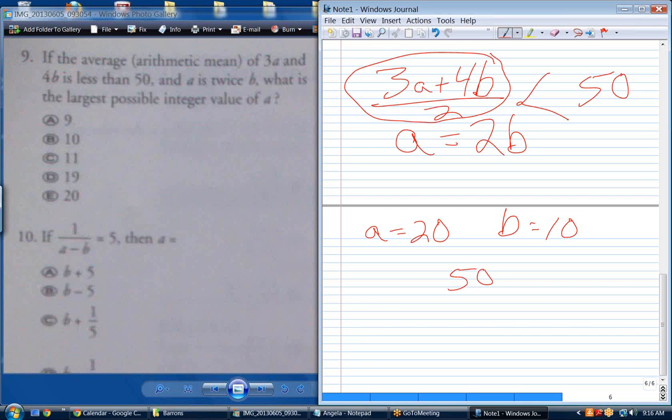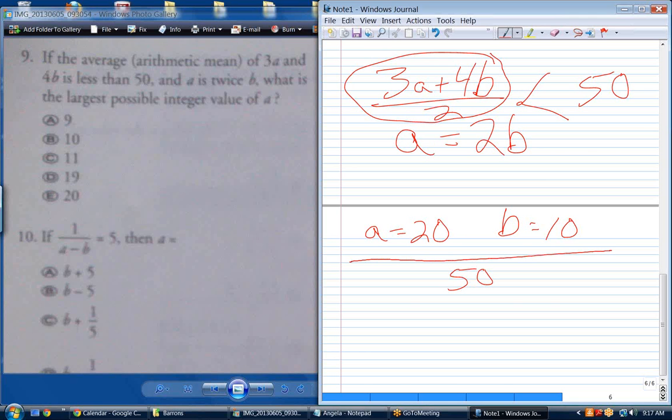So, what's the answer? I got lost. I'm at 60 plus 4B, and that's as far as I understand. Okay, when we decided to consider that A would be equal to 20, because A is twice B, that means B is 10.